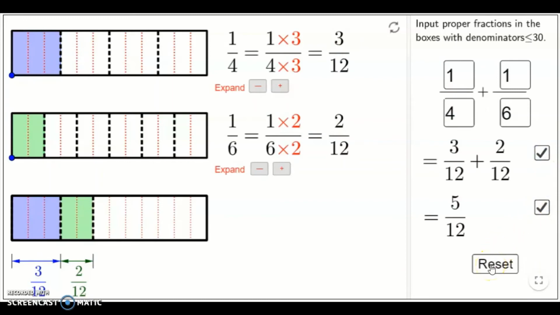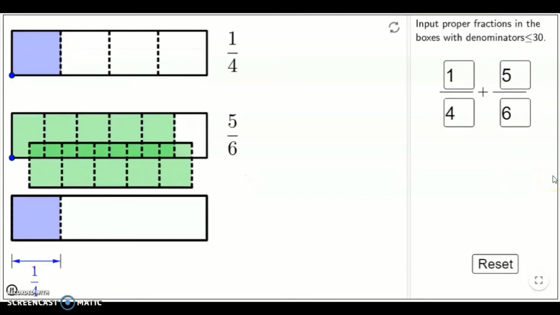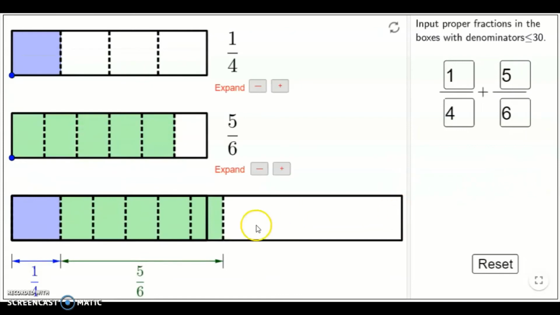One final example of adding. I'm going to add 1/4 and 5/6. So here we can see we've got more than 1, but we do the same thing again.